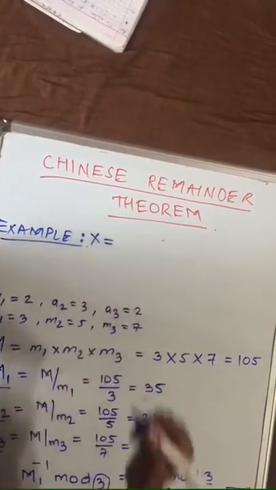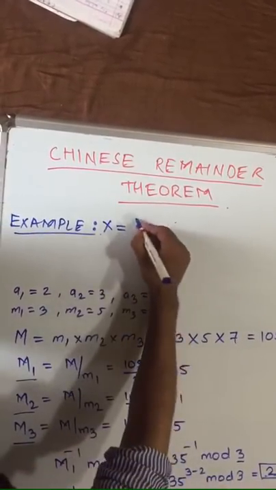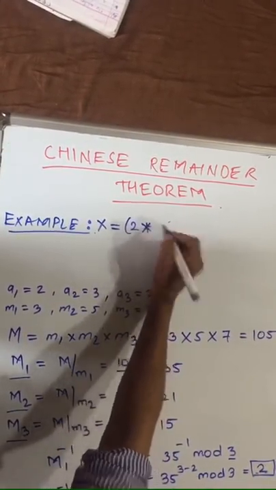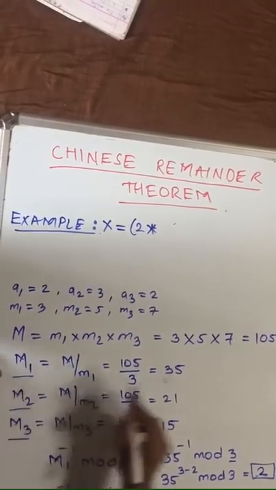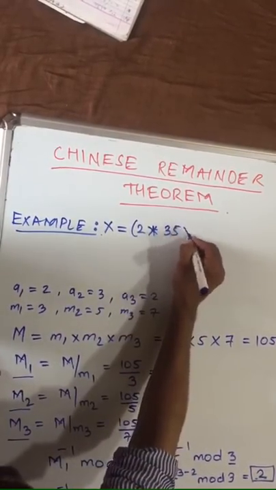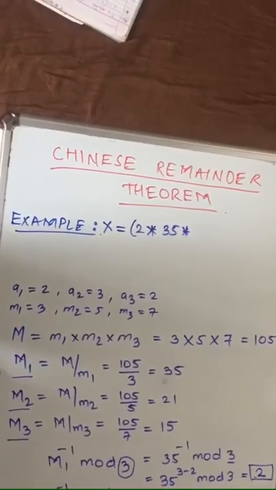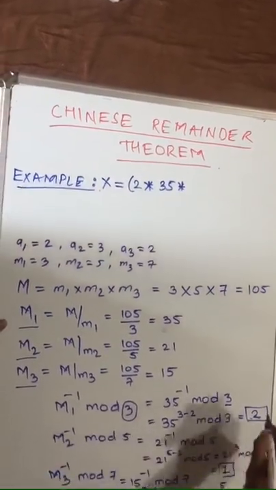Capital X will be equal to A1, which is 2, into capital M1, which is 35, into the inverse of M1, which you found is 2.